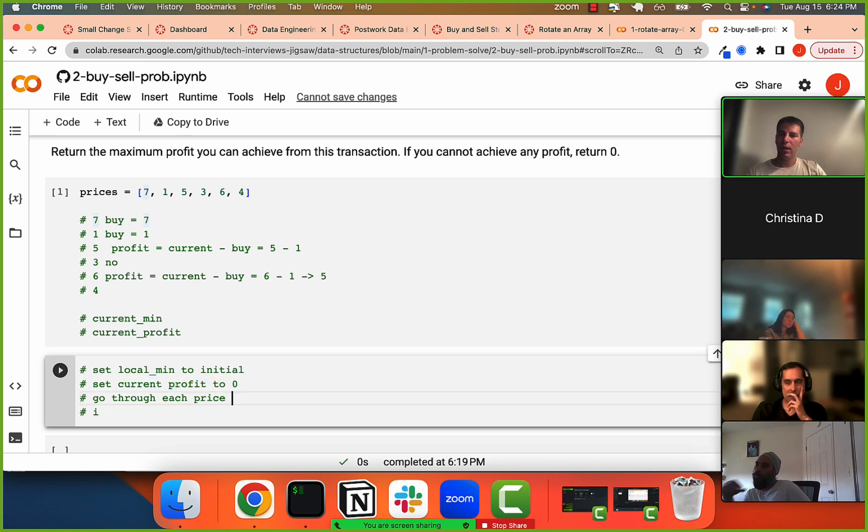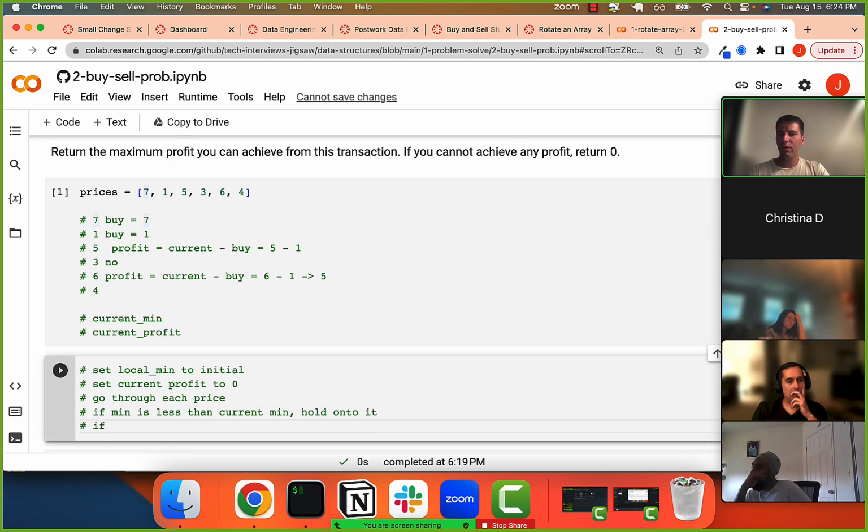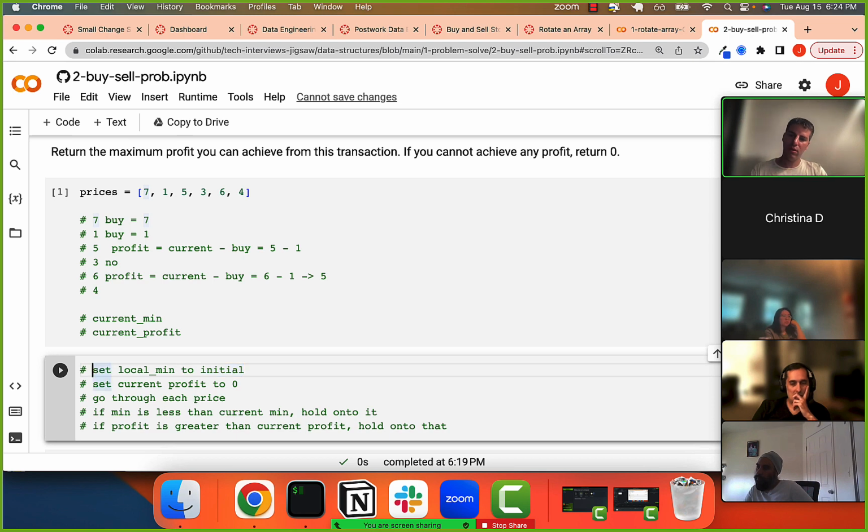And then go through each price. If the price is less than current min, hold on to it. And if the profit is greater than current potential profit, hold on to that. And maybe I'll put something for the sell point too, just for fun.